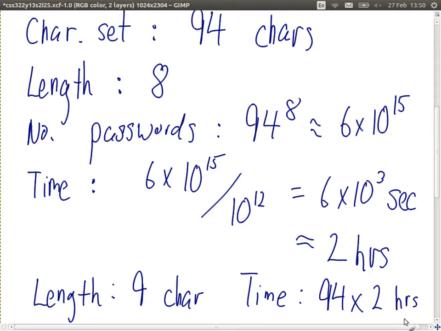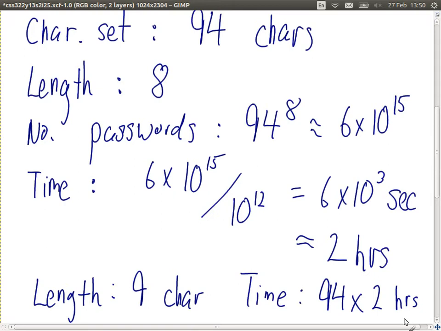94 times longer. Okay? So with 8 characters long, it's 94 to the power of 8 divided by 10 to the power of 12. With 9 characters, it's 94 to the power of 9, which is 94 to the power of 8 times 94. So every character we add, we multiply by 94.